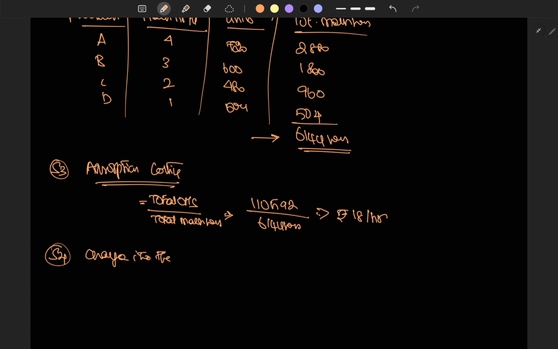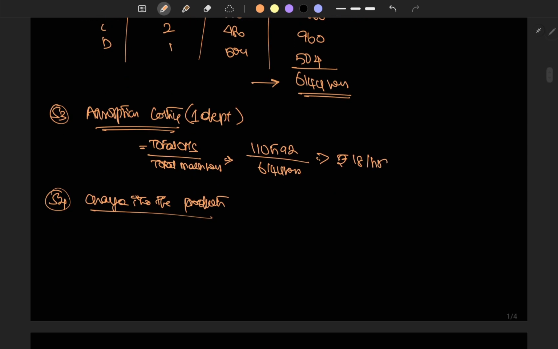We find out the absorption costing rate, right? Since it is one department, we found out the one absorption costing rate. Okay.